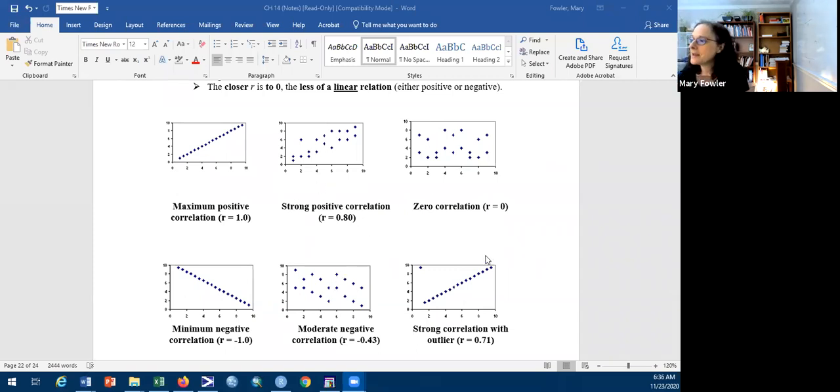All right. And then over here, we have an interesting thing where we see that the data pretty much falls on a straight line except for this one point. This gives us an R of 0.71.